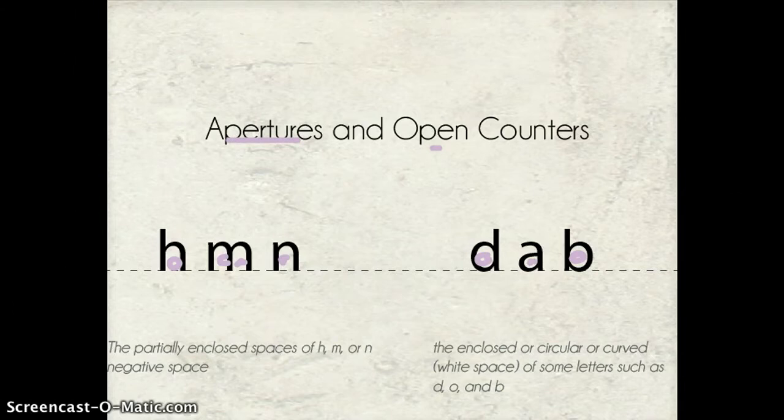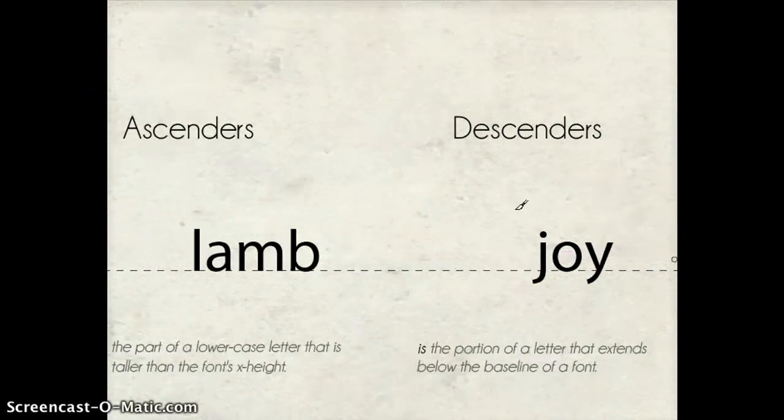So next what we're going to talk about is ascenders and descenders. Firstly, an ascender is the part of a lowercase letter that is taller than the font's X height. So here we have L. Remember our X height here. So the L and the B are higher than the X height, so we call these ascenders.